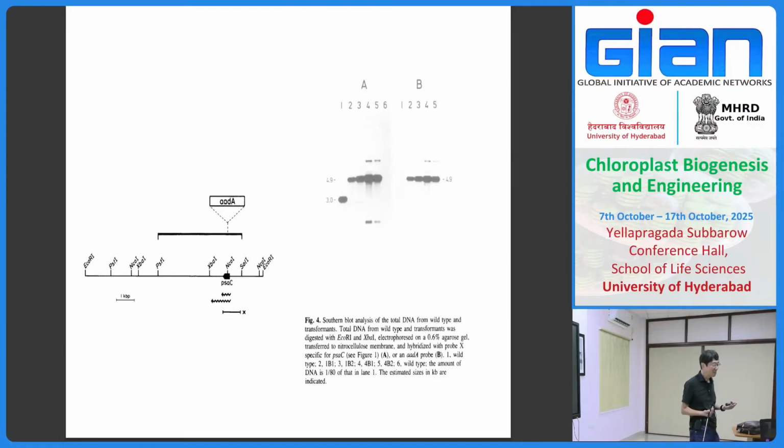Do you know Southern blotting? Yes? Recently, only a few people use Southern blotting. But now to analyze the transformant, we just need to amplify near PSAC, and if there is an insertion, the PCR product becomes larger.